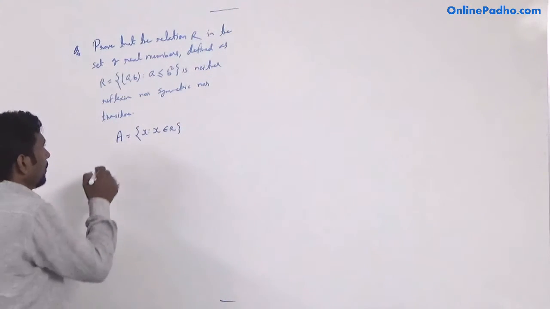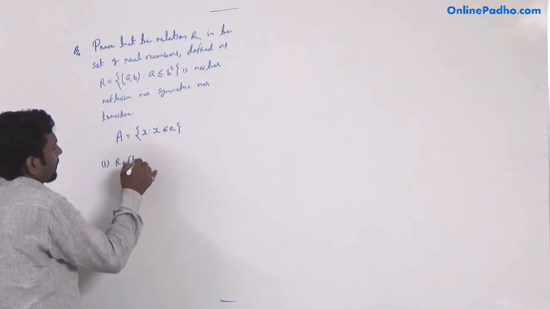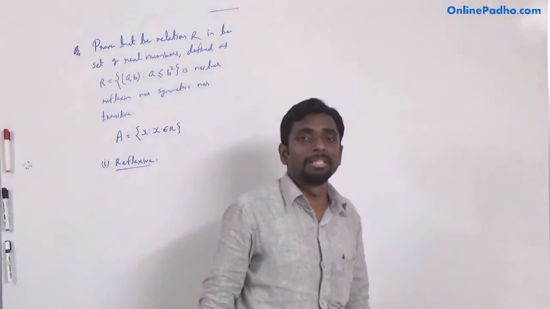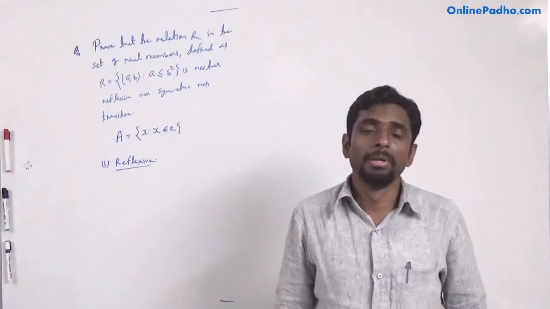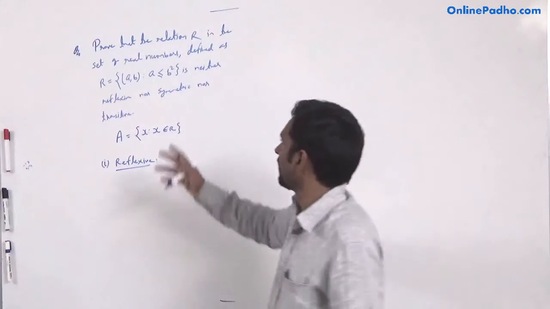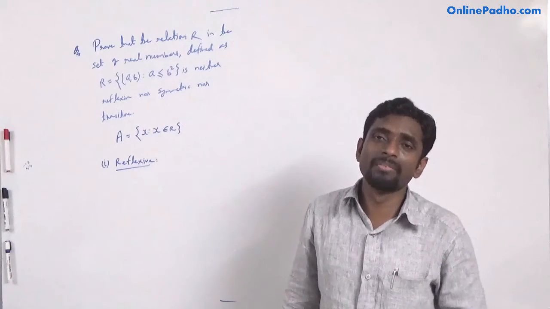So we have to prove this relation is not reflexive. We can take any one example that does not satisfy a less than or equal to b square, so we can say that this is not reflexive.